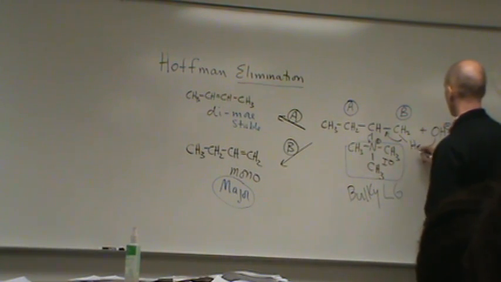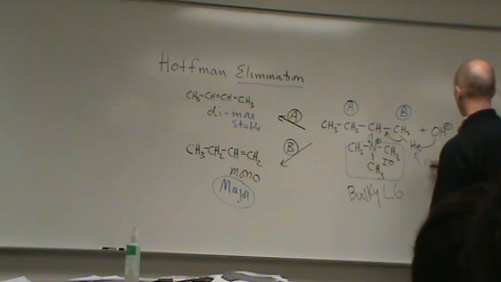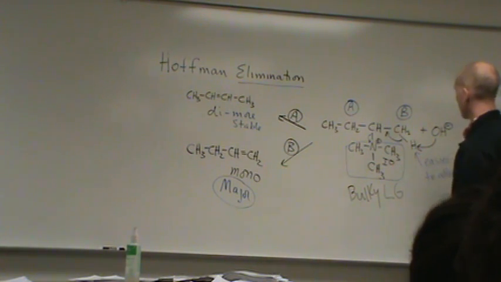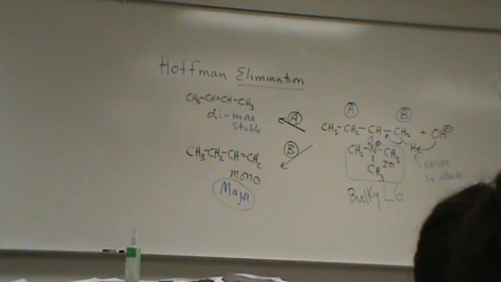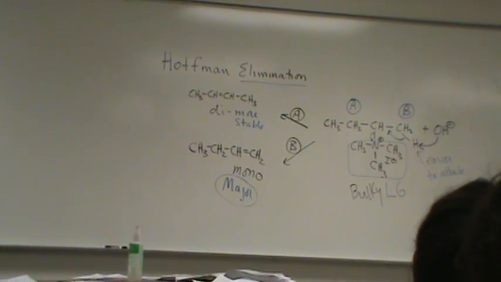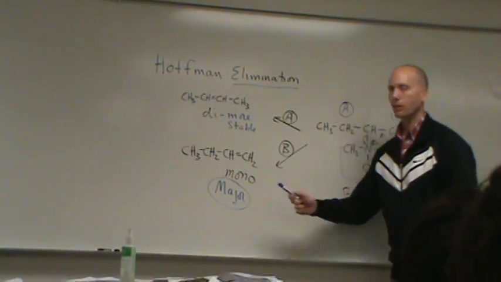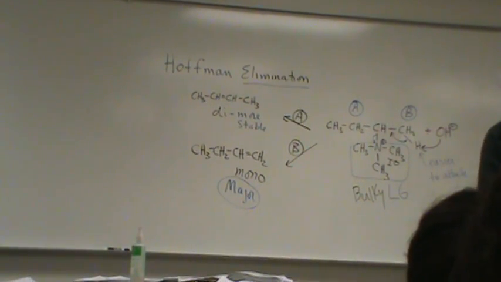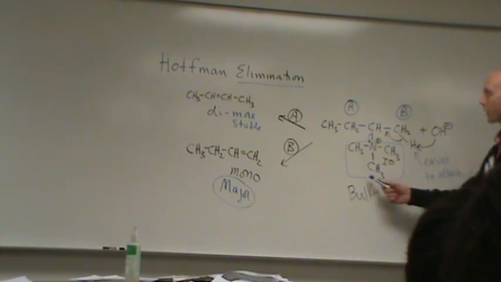So the B hydrogen is easier to attack. And since it's easier to attack, that will make the B product the major product, even though it's the less stable product.